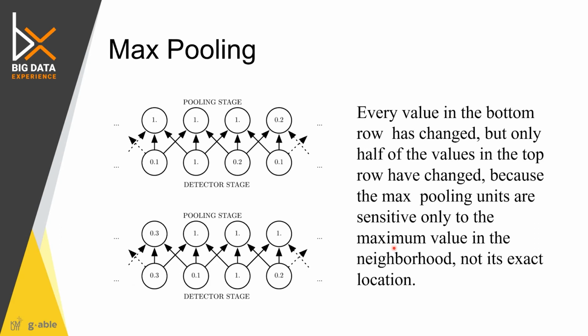Pooling, there are different types of pooling, right? The first one here is called max pooling. For max pooling, the result in the pooling stage would take the max value. Like this one, from 0.1, 1, and 2, you get 1. For this one, you get 0.2. But this is max pooling, okay? Right.